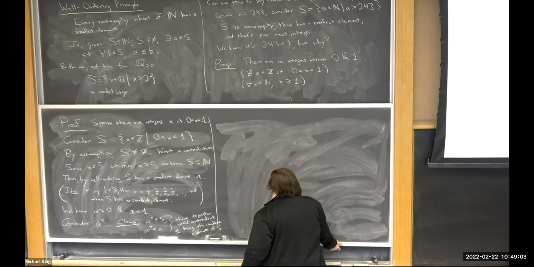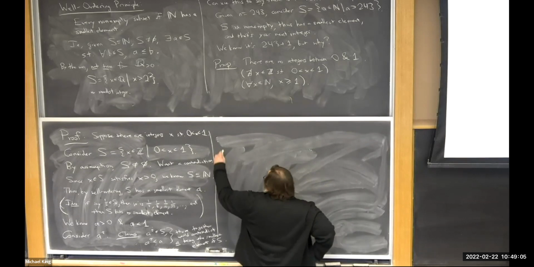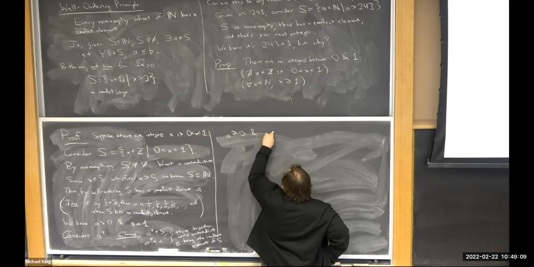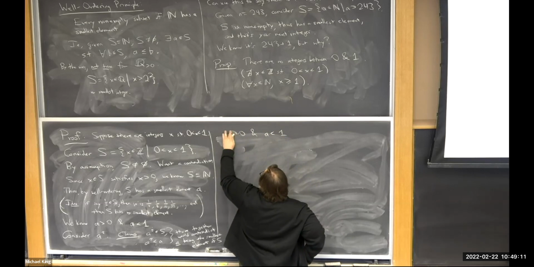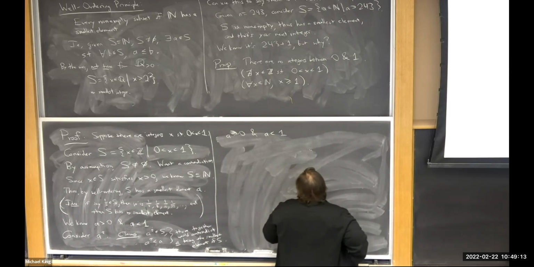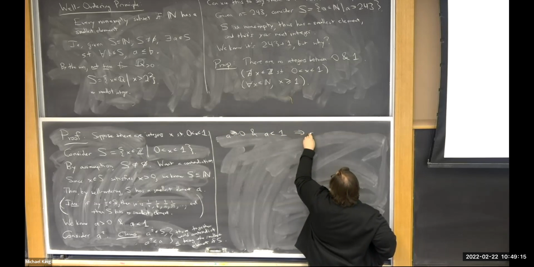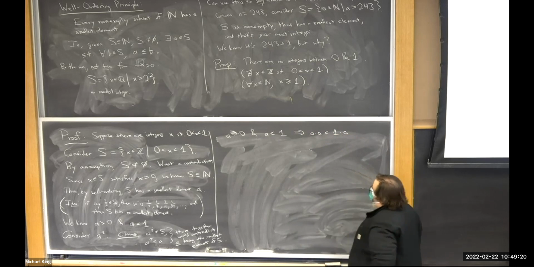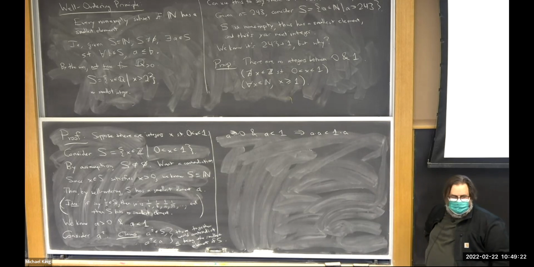So A is greater than 0 and A is less than 1 implies that A times A is less than 1 times A. Right, we're basically multiplying both sides of an inequality by a positive number.